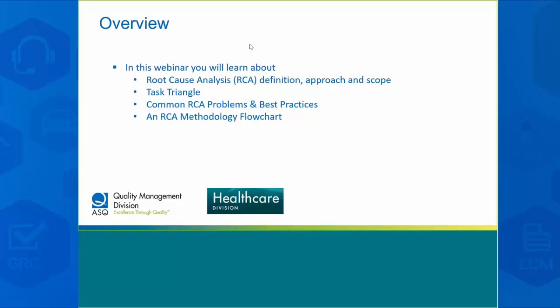We'll talk a little bit about RCA problems and best practices, and then I'll wind it up with an overview of an RCA methodology flowchart. So hopefully when the webinar is done today, you'll understand what it takes to have an effective root cause analysis approach and methodology that you can use at your company.